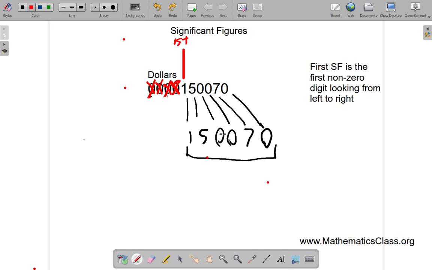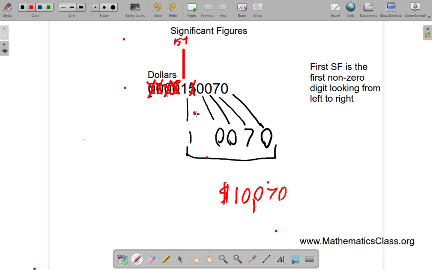Alright, let's test the 5. Let's get rid of the 5 and see if it will change the amount of money you have. What is this now? You have 10070. So if I write down that money in dollars, you have only $10,070.